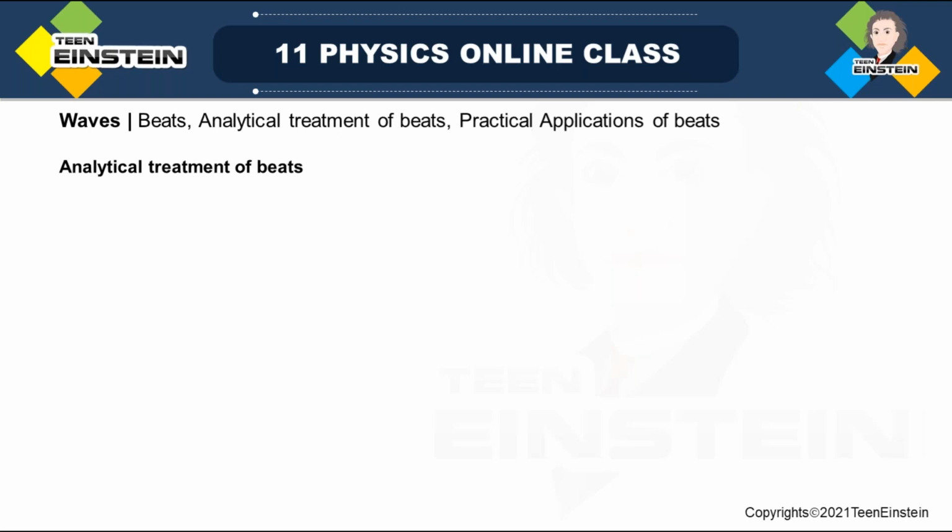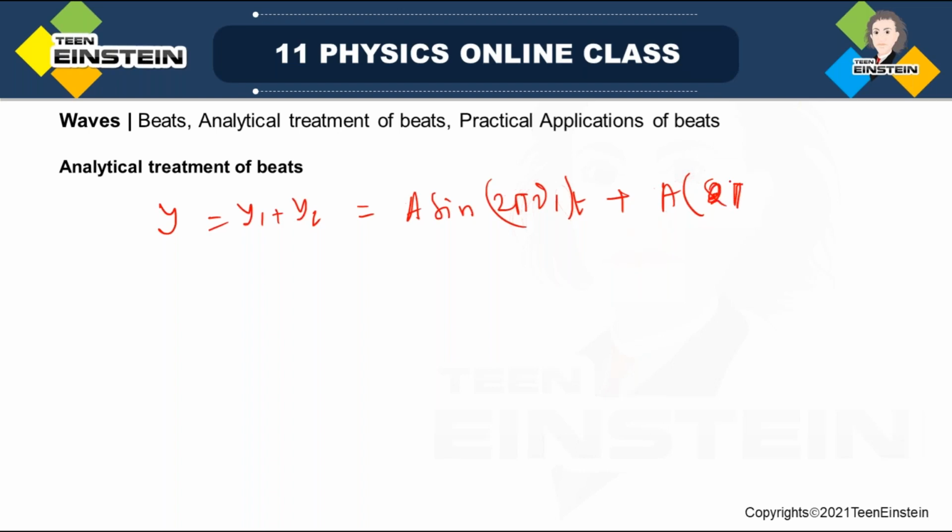So y = a sin(2 pi nu1 t) + a sin(2 pi nu2 t). Now this is in terms of addition.